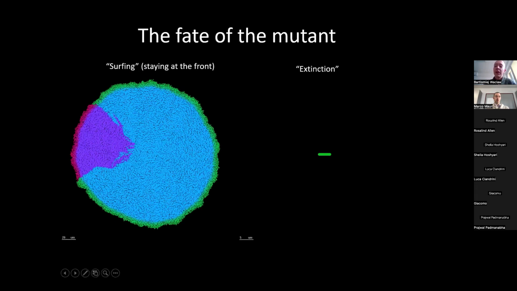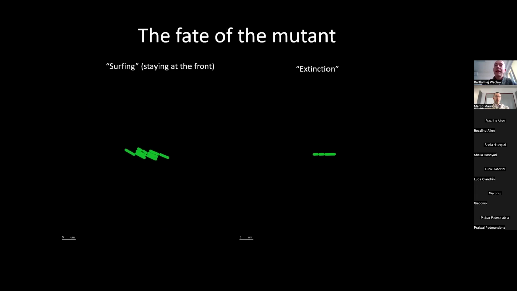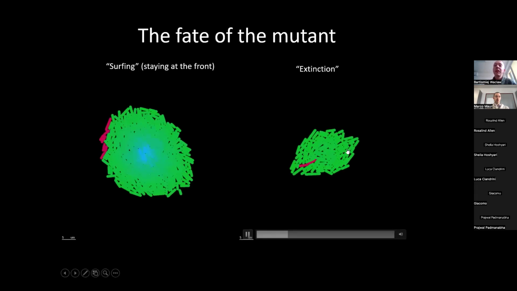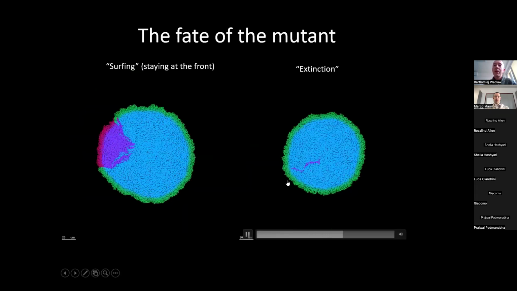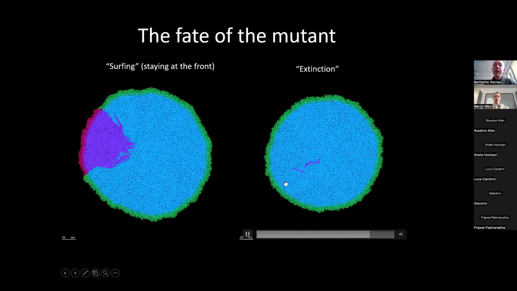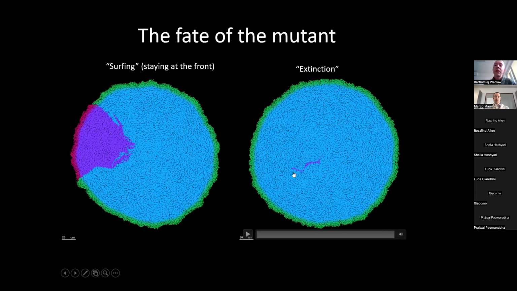In most cases, what will actually happen is what is shown here in this panel, which says extinction. If the mutant somehow lags behind the growing layer of the biofilm, then it gets trapped in the bulk of the population and forms only a very small sector, which might not be really visible.